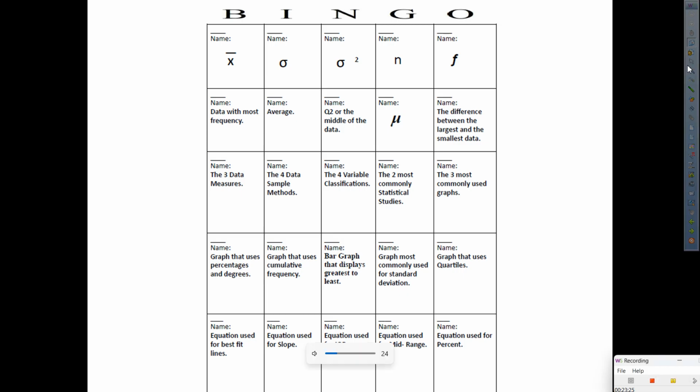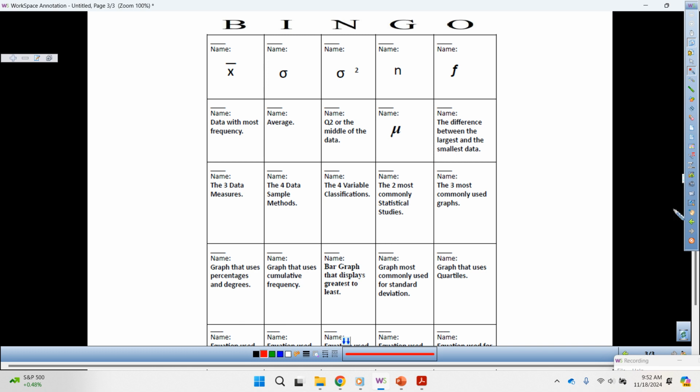All right, so some of you keep skipping terminology, so I'm going to get Darian to get us started. Darian, what'd you write for the first one? Close.